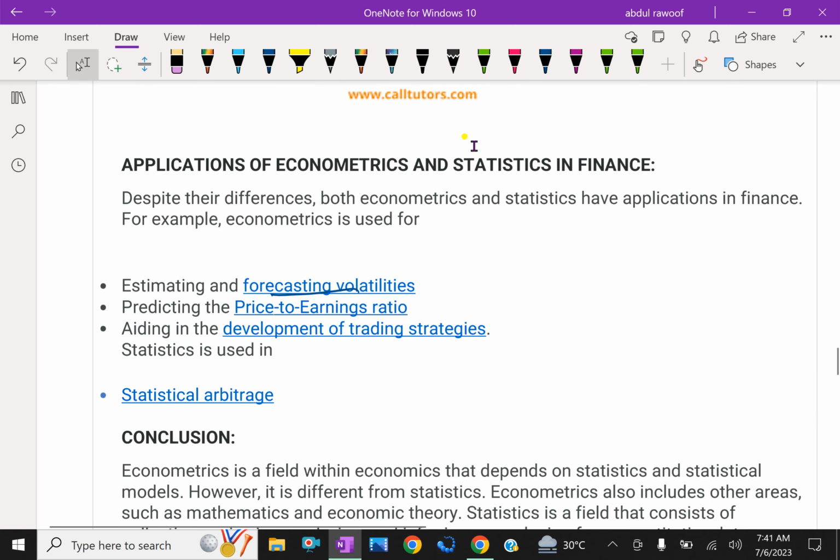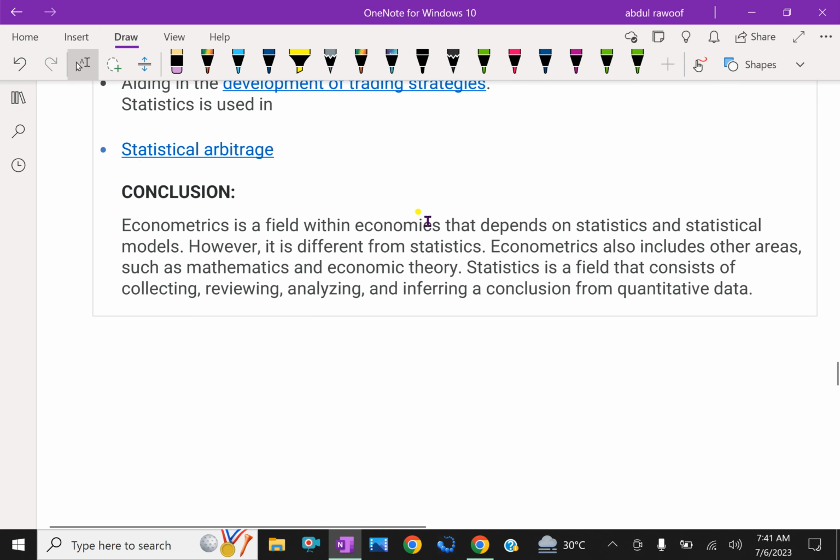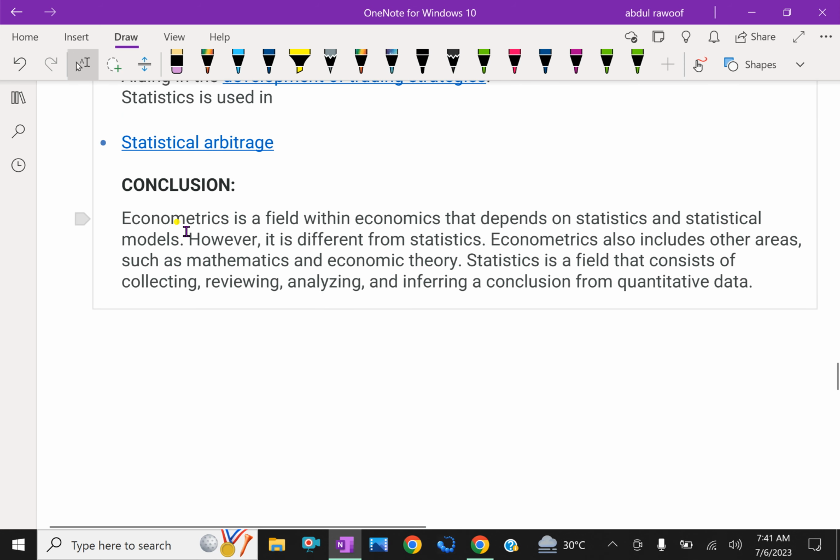From the above discussion, we conclude briefly that econometrics is a field within economics that depends on statistics and statistical models. However, it is different from statistics. Econometrics also includes other areas such as mathematics and economic theory.